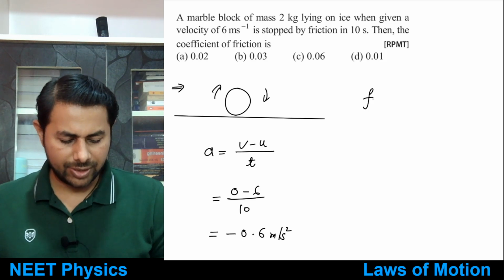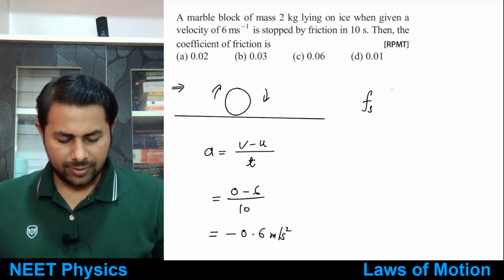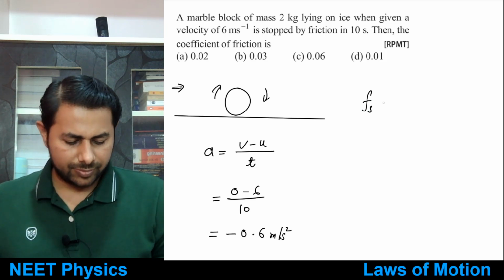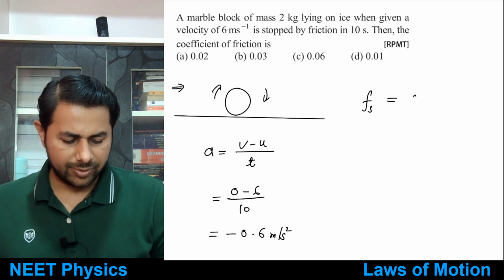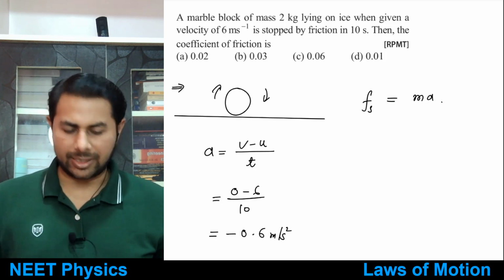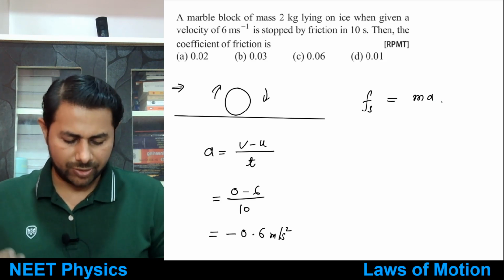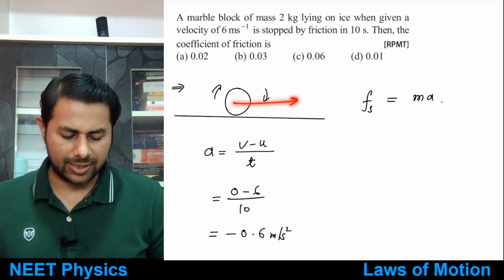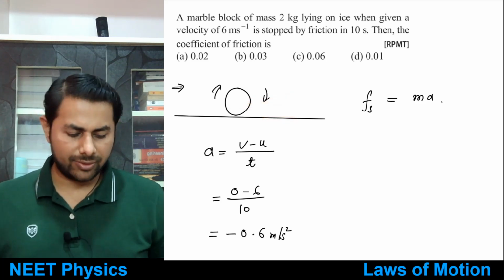So you can say frictional force Fs max is equal to mass into acceleration. We'll just take the magnitude of acceleration, because if it is moving in this direction, friction will be negative only.